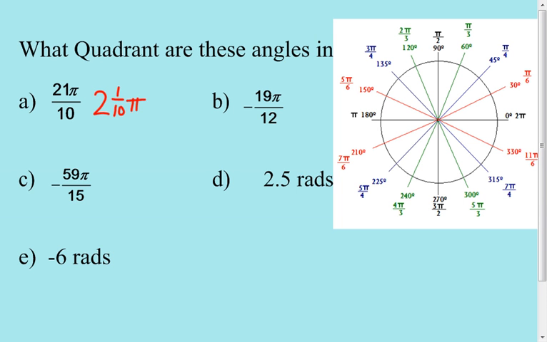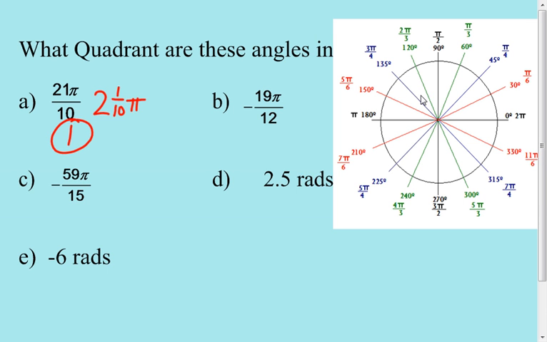Okay, it's positive. So if you think about that on our unit circle, there's 1 pi, there's 2 pi, and an extra 1/10 of a pi is not going to even make it to 2.5 pi. An extra 1/10 of a pi is going to end up right there somewhere, and so that happens to be in quadrant 1.